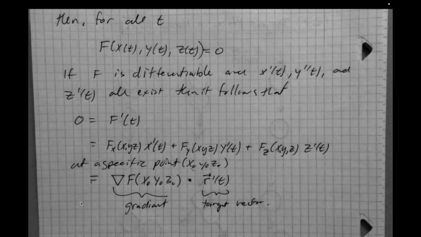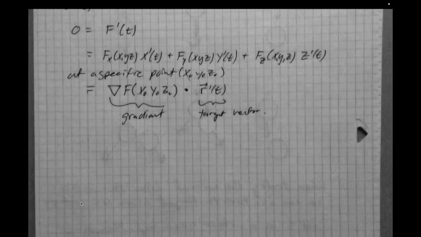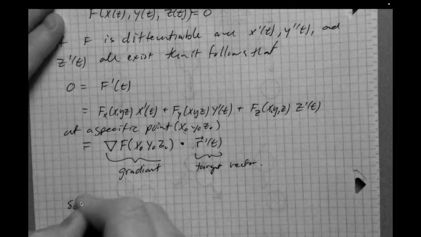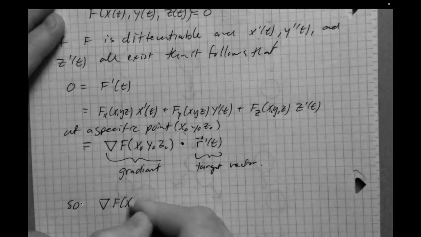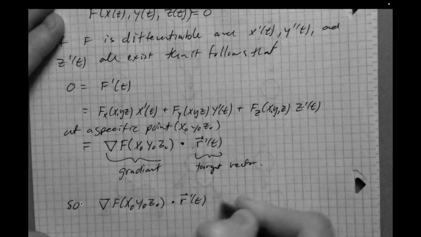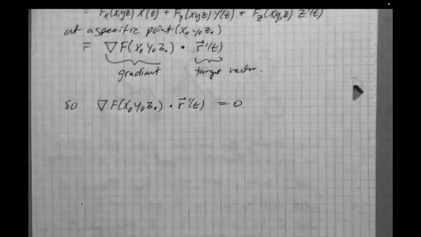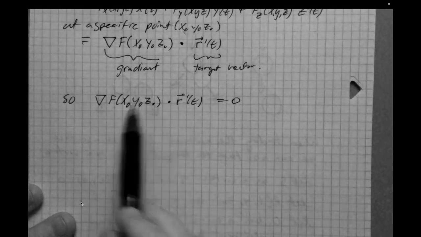And so what is this telling us? Let's write this out one more time. The gradient at x naught, y naught, z naught, dot r prime of t, equals 0. What does that tell us? This means that the gradient at the point P is orthogonal to the tangent vector of every single curve on S that happens to go through P. The dot product being 0 means that these two are orthogonal.